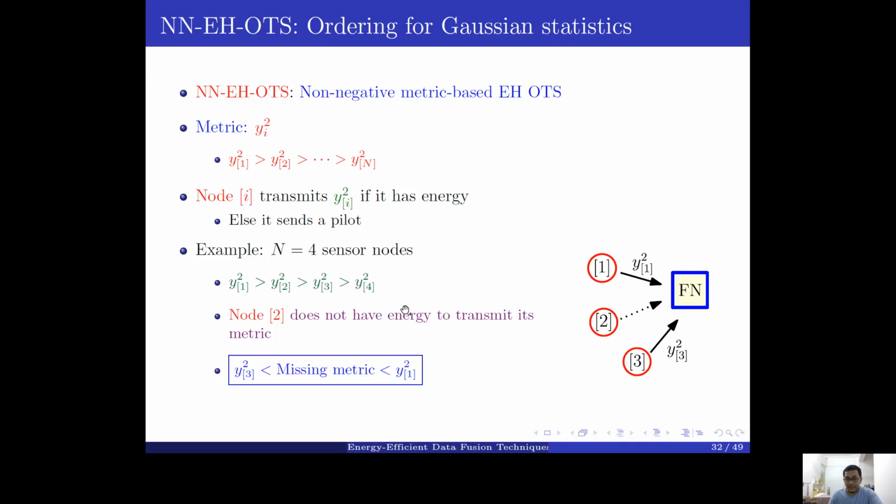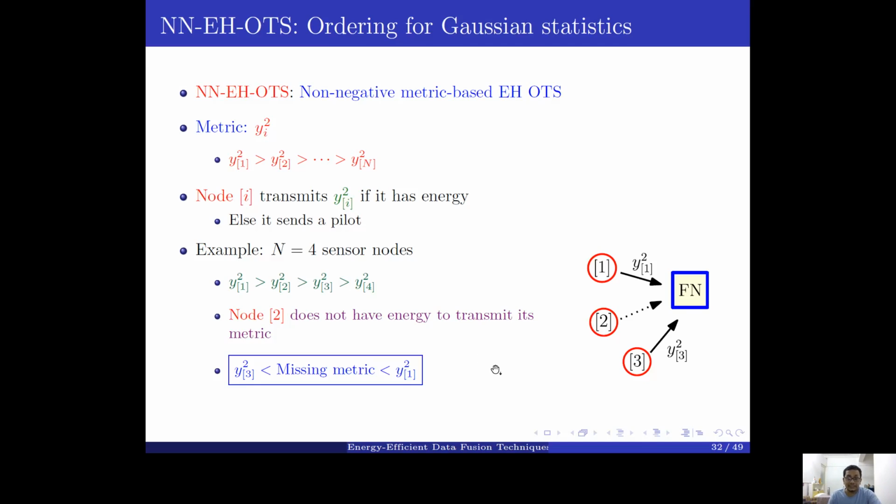Now what it does is, if a node misses its transmission, the fusion node will have a better estimate of the range in which the missing metric can lie. Here there is no sign ambiguity, which was observed for LLEH OTS. In LLEH OTS, you only use the previously received transmission to determine the range in which the missing measurement can lie.